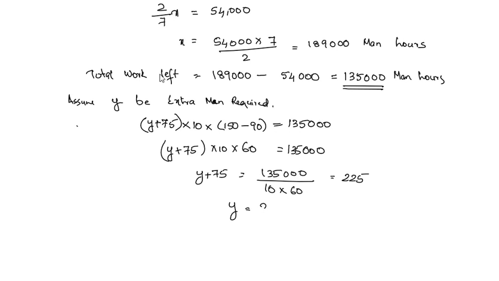Y equals 225 minus 75 equals 150. So in order to complete the work on time, we require an additional 150 men.